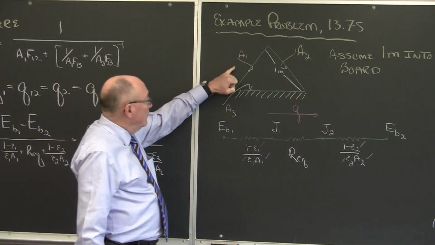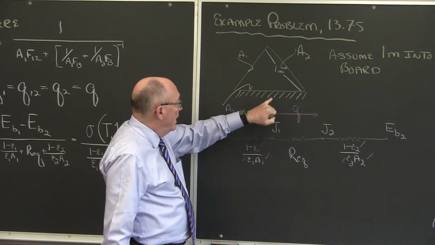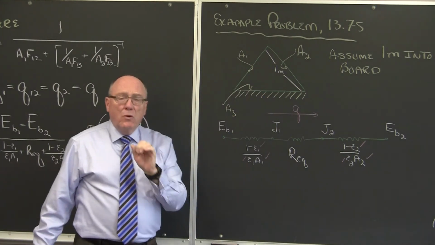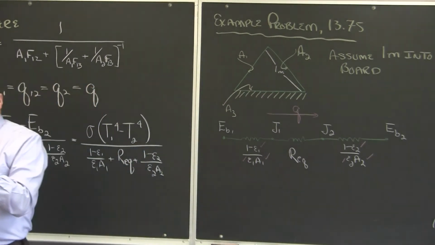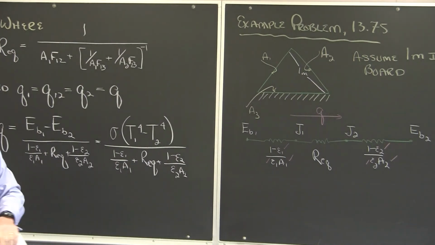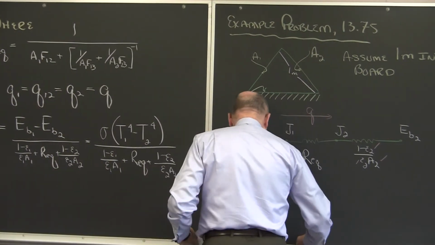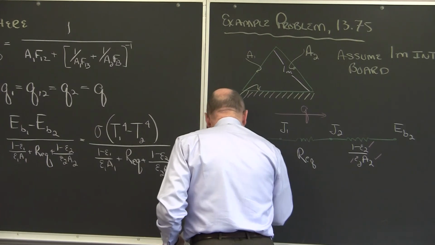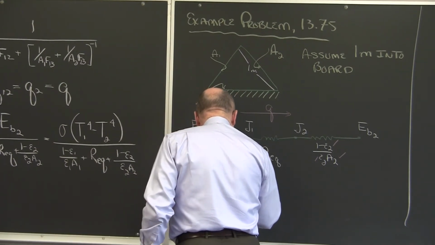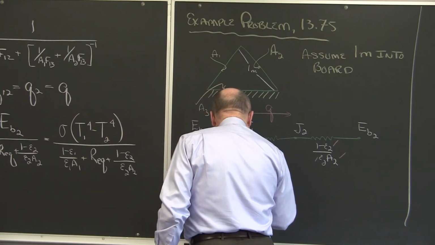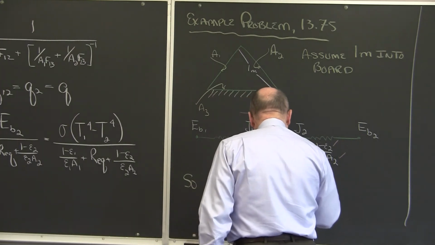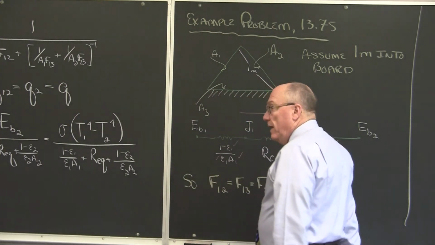So how does surface 1 see surface 2 and surface 3? This is an isosceles triangle, so it's going to see area 2 exactly like it does area 3. So that means F1 to 2 is going to be equal to F1 to 3, which is equal to F2 to 3, and that's each going to be 0.5.